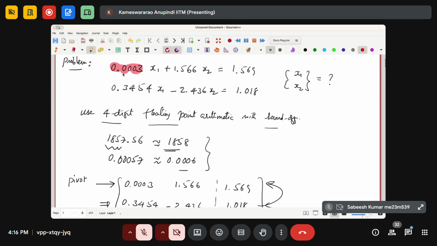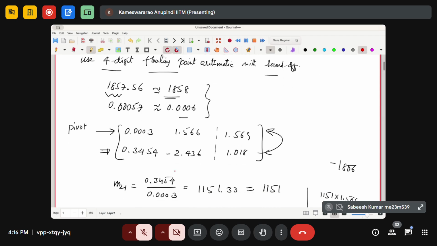This was our pivot element, which is very small. So whenever we have values within an equation of varying orders of magnitude, for example, this one is of the order of 3 into 10 to the minus 4, whereas this is of the order of 1 and everything else is of the order of 1 or 0.1.